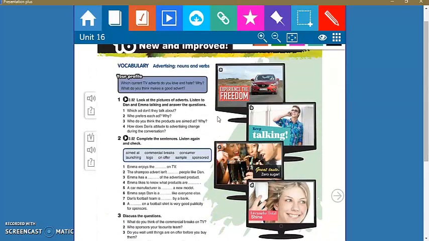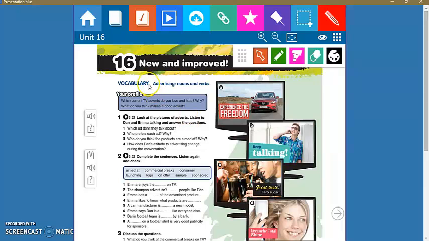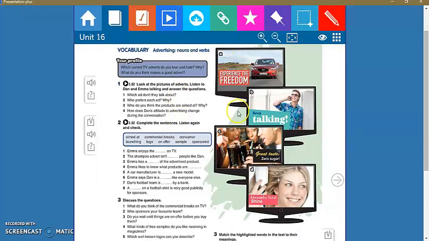First of all, we are going to be practicing the vocabulary, which is going to be related with advertising, and we are going to check the nouns and the verbs. Also, in order to learn this vocabulary, this one is going to be related with these pictures, and we are going to do some listening exercises, and I am going to play this recording in the class, and you are going to earn some points for participation there.